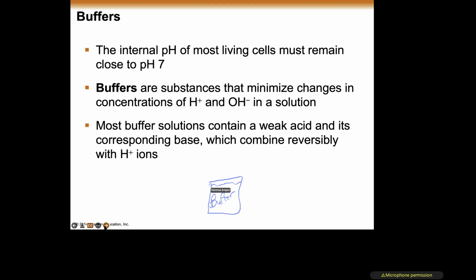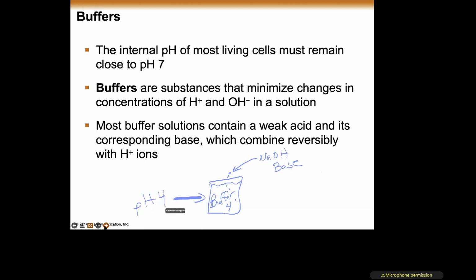So let's say I had a solution here that was a buffer of 4, and its pH was 4. And then I dropped in sodium hydroxide, which is a base. It is the strongest base. I dropped it in, little drops, little drops, little drops. This buffer is going to maintain the pH of 4.